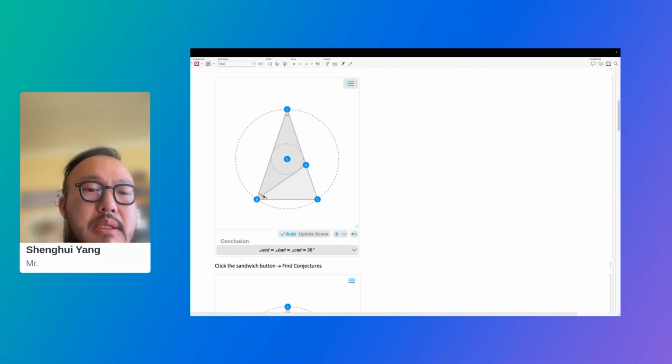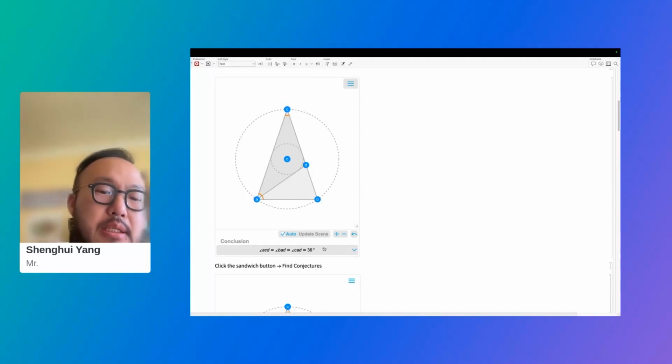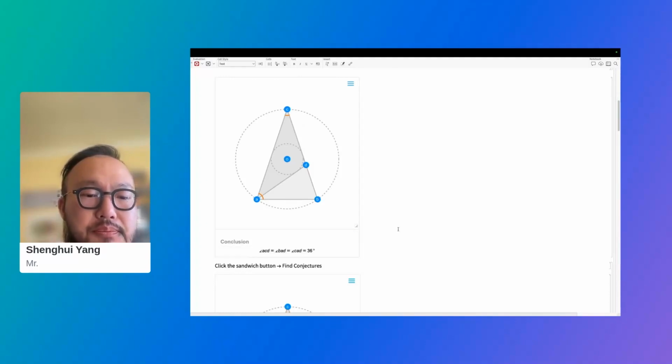So this guarantees that ABC must be an isosceles triangle. So in this configuration, the value of the angle actually makes sense. It's not something randomly generated. It really shows the configuration is correct.